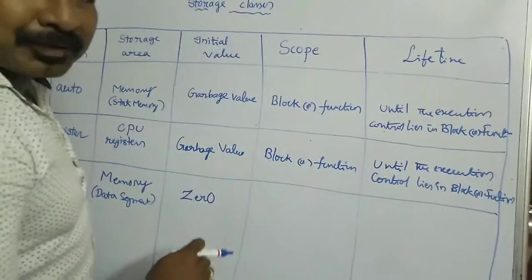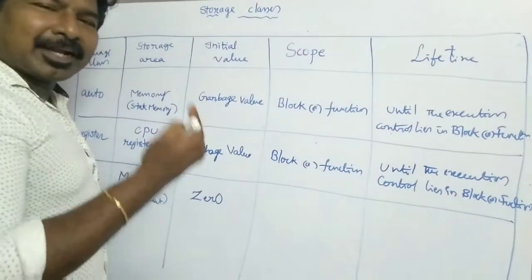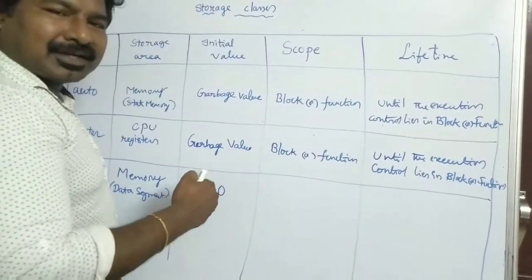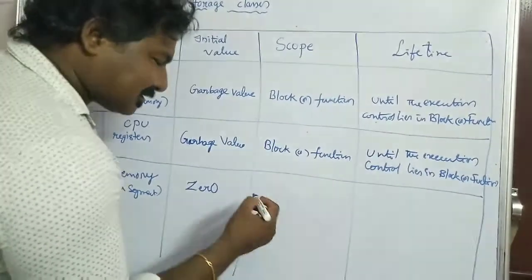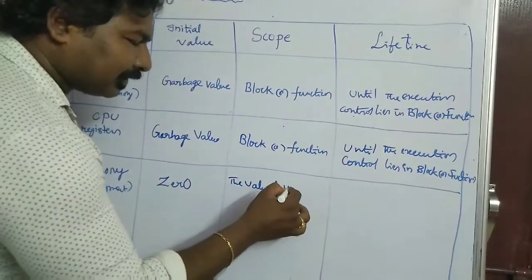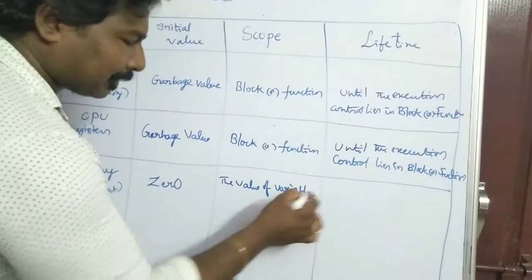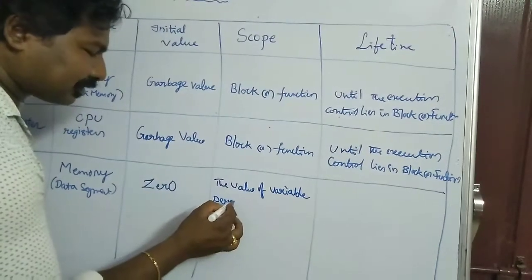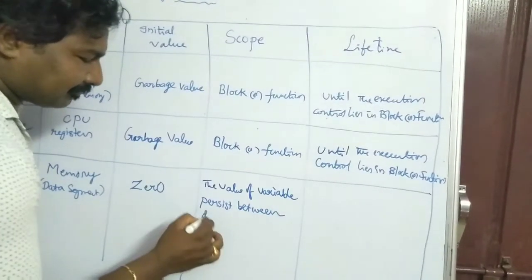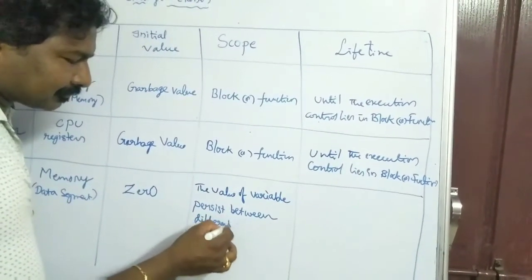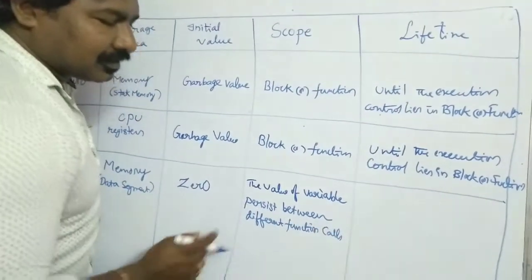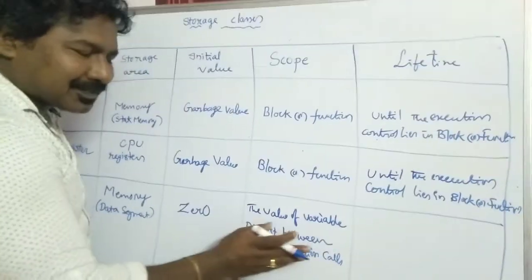What is the scope? The scope of a static variable is that the value of the static variable is still available in the memory even though you come out of the function. You can call it: the value of a static variable persists between different function calls.